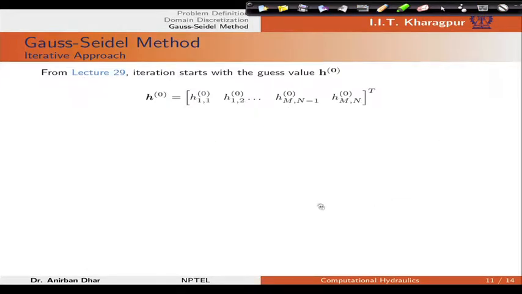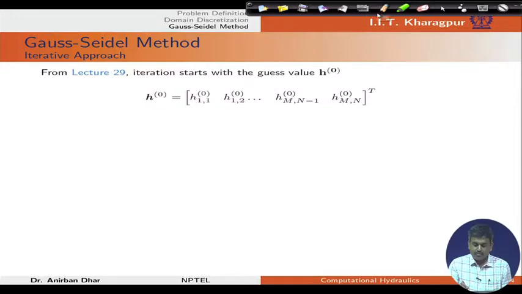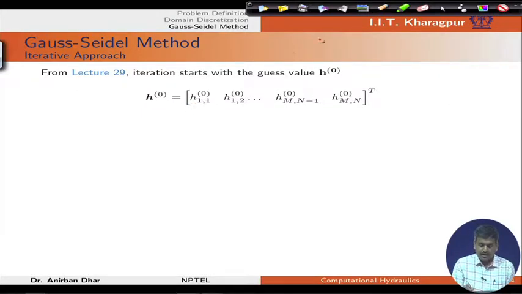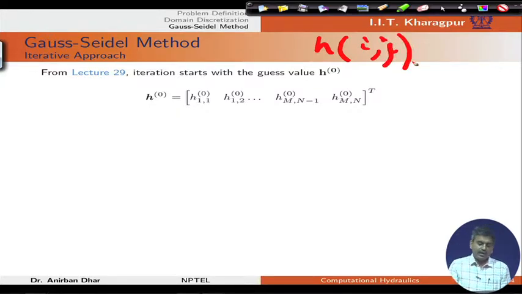In Gauss Seidel what I can do, I can store my original values in ij. So, in ij if I store, that is the natural way of storing the things, and I can start with a guess value or initial guess value here for a particular case. So, this is your ij.